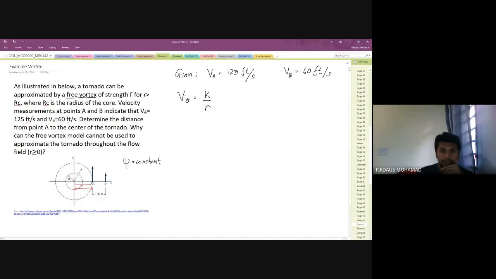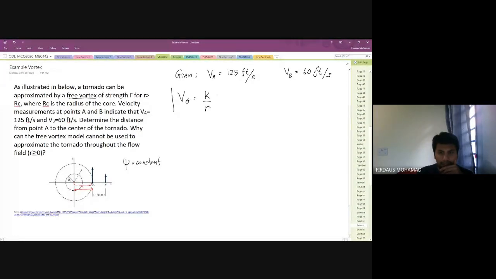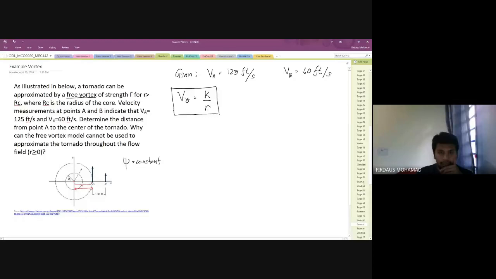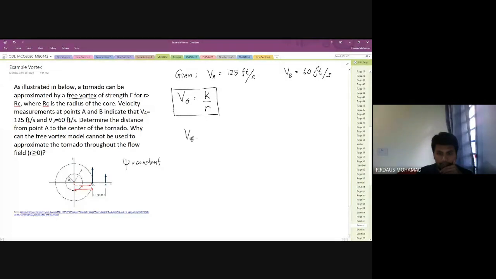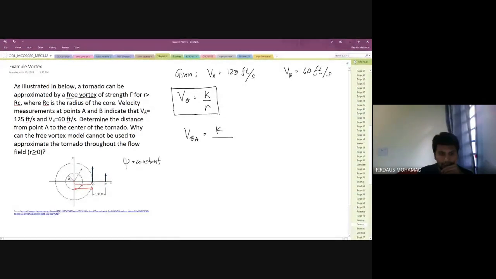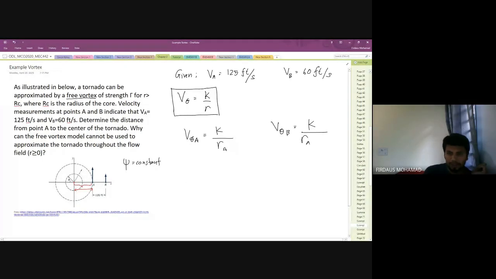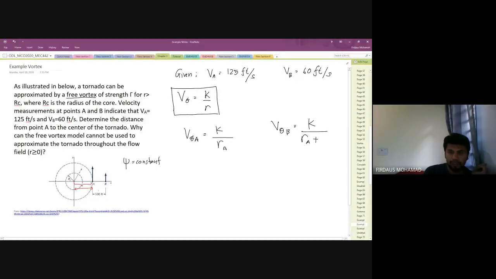Okay, so from this definition, since it is a tangential velocity, v theta at point A is given, which is k over RA, and then v theta at B is also given, 60 feet per second, which is k over the radius from this point, which is RA plus 100 feet.